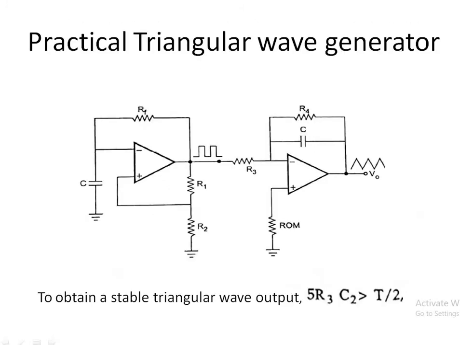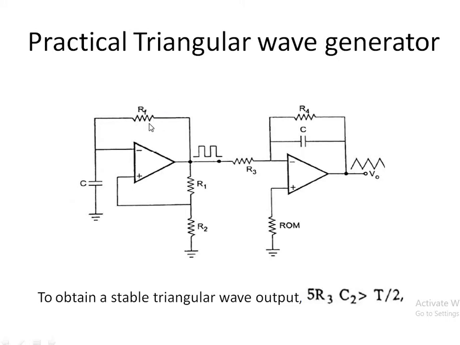Now, in the practical triangular wave generator, you can see that the minimum number of resistors required is 5 or 6, the minimum number of capacitors required is 2, and 2 operational amplifiers.